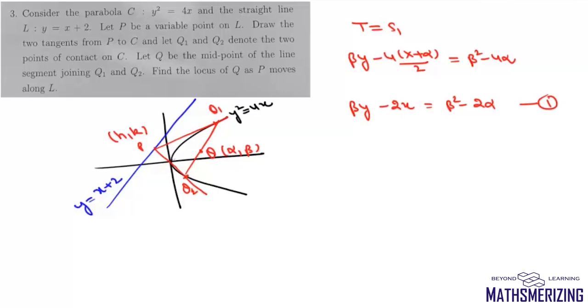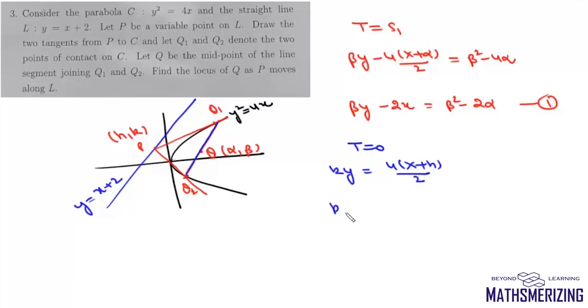Now from this point P, we have drawn two tangents. So for this point P, this is the chord of contact, and we know that the chord of contact is given by T equals 0. Now if we write T equals 0, this equation will be ky equal to 4 times (x plus h) by 2.